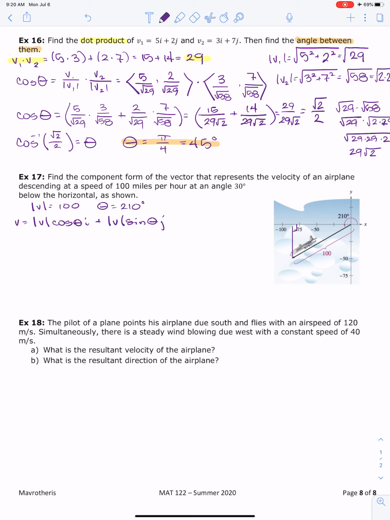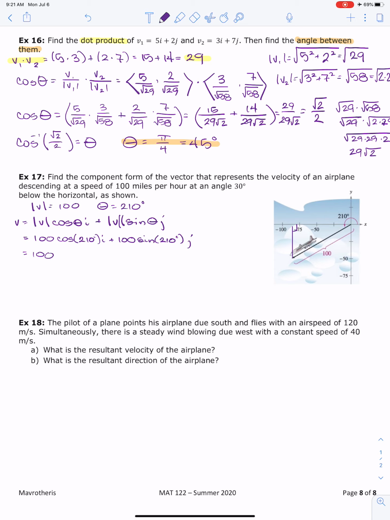So even if I'm a little uncomfortable with what's going on here, I know that I've got a magnitude of 100 and a direction of 210 degrees. And I can substitute that in. The cosine at 210 degrees: take a look at where we are and go back to what we know about that unit circle and position on the coordinate grid.